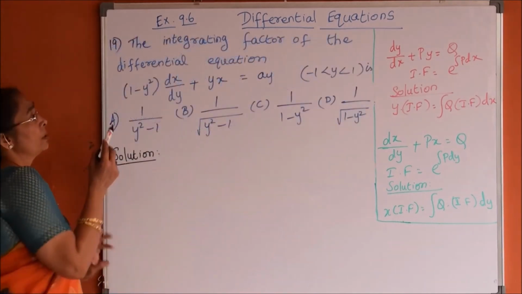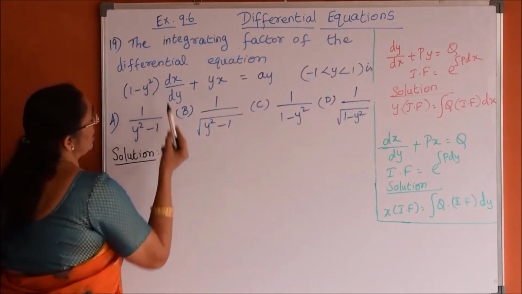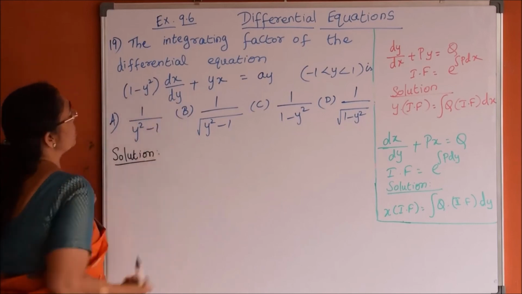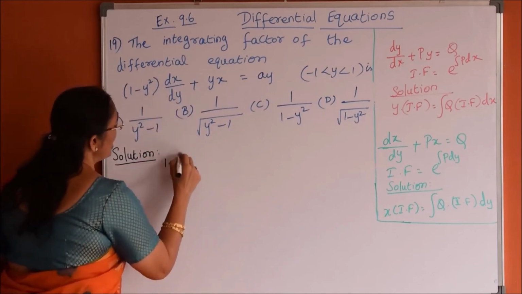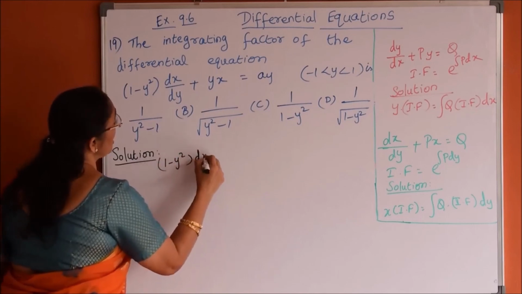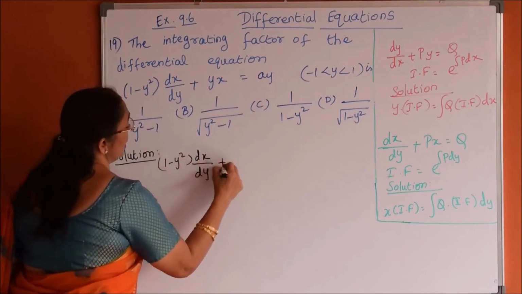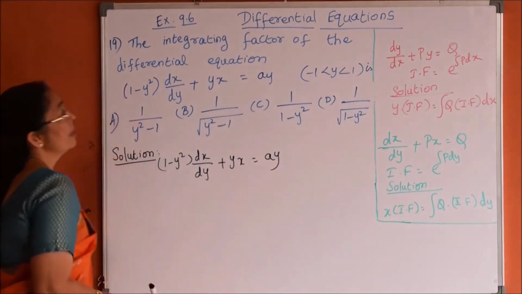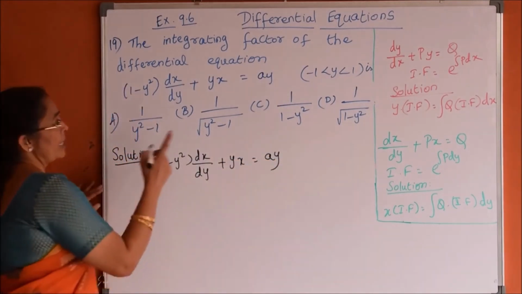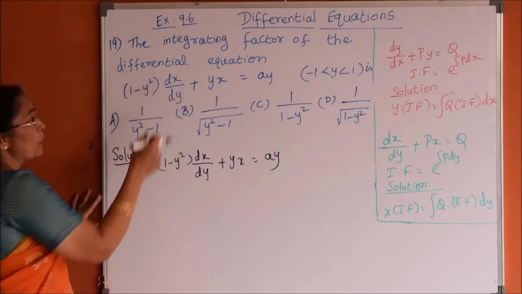19th problem: the integrating factor of the differential equation. Let me write it: 1 minus y square of dx by dy plus yx is equal to ay, where y is between minus 1 and plus 1. That is for the domain, it will come.